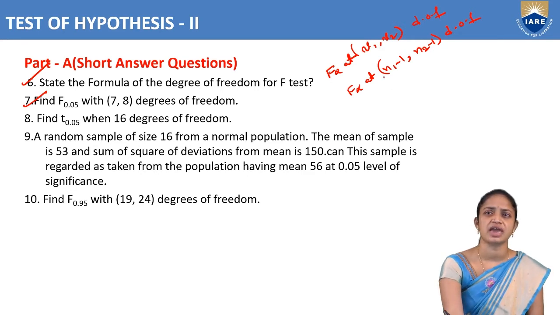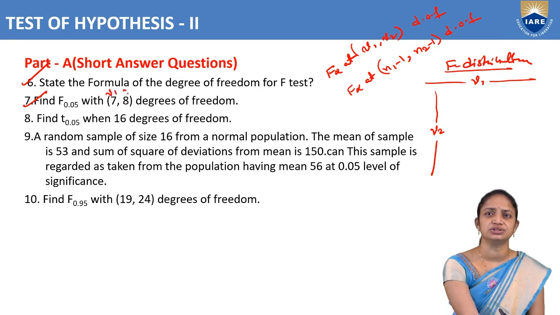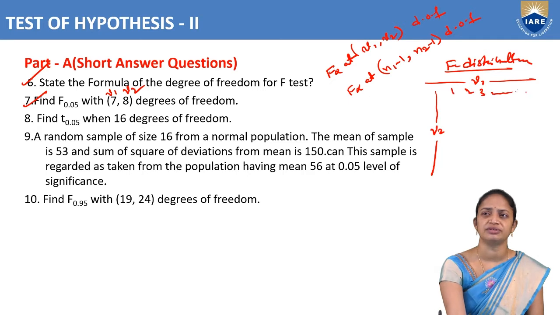So here also same, we have to take the degrees of freedom. In the f distribution, we have to take these values from the distribution table. Here we have nu1 values, and these are all nu2 values. Let us consider this is nu1 and this is nu2. The nu1 values are 1, 2, 3, 4 like that, and we have to take 7. The nu2 values are 1, 2, 3, 4, 5 like that up to 8.